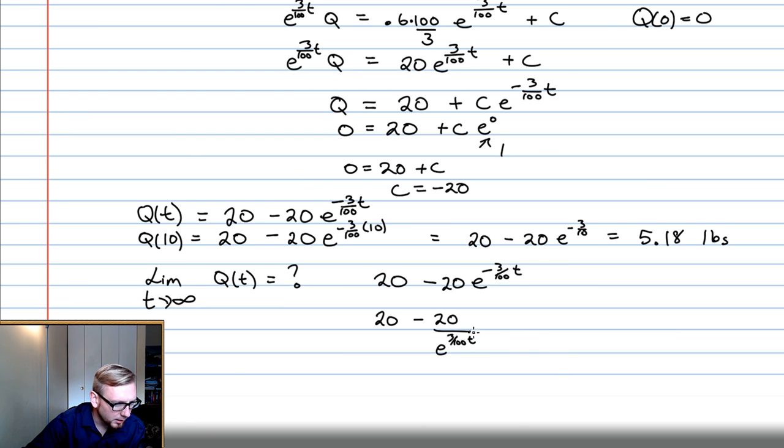It's just easier to write a negative in the top. So as t approaches infinity, this number approaches infinity. It gets really, really big. And when a number is divided by a very large number, it gets really small. It goes close to 0. So this tends to 0.